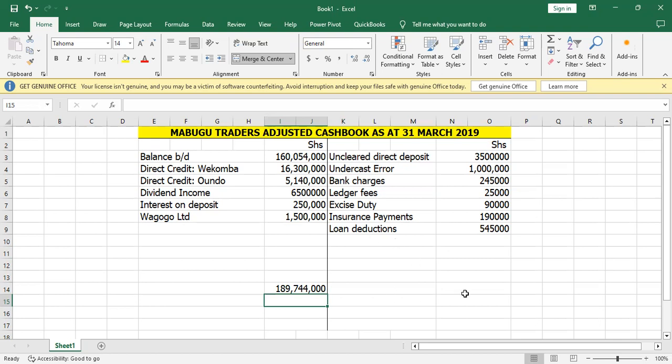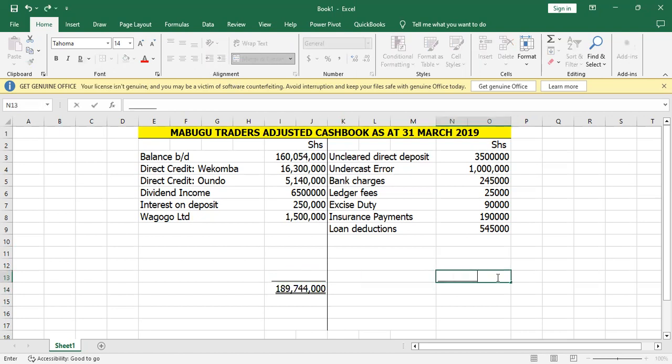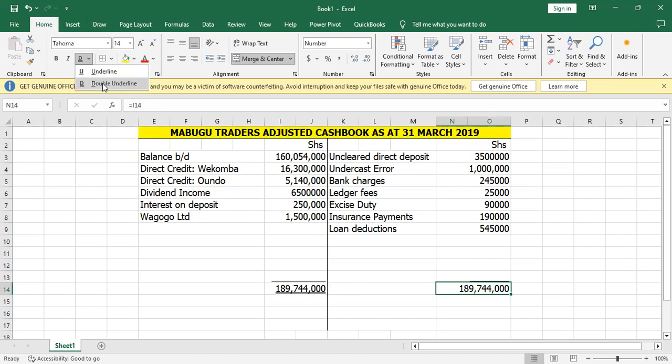And then, since the debit side is bigger, we expect to have the same total on the credit. So we have to insert a balancing figure on the credit side. The totals should be the same on either side, debit and credit.